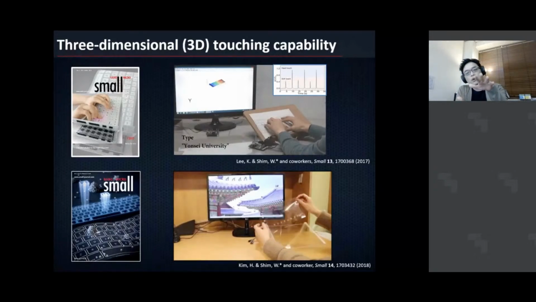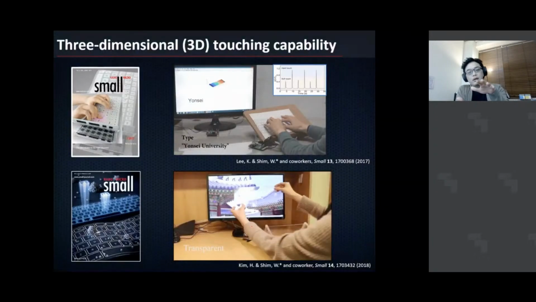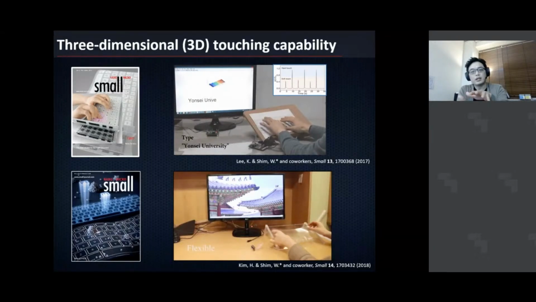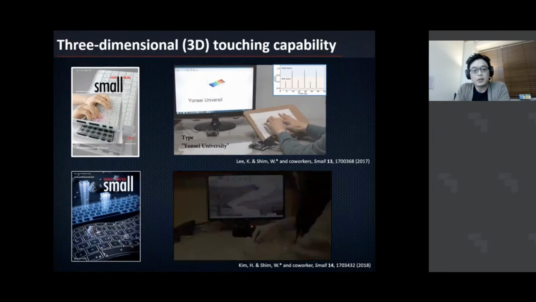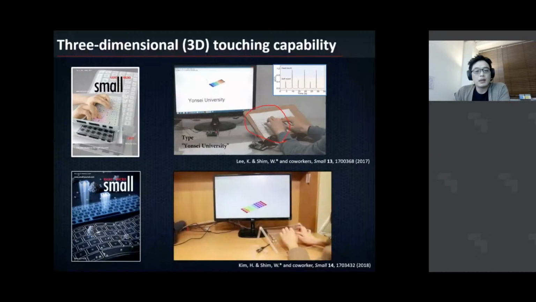We make one set of carbon electrodes on top of the surface of the paper, which is very rough. Then you make another one and sandwich it. That's the metal-insulator-metal structure, which is an MIM capacitor. As you can see on the top, you can make a touch sensor out of it.